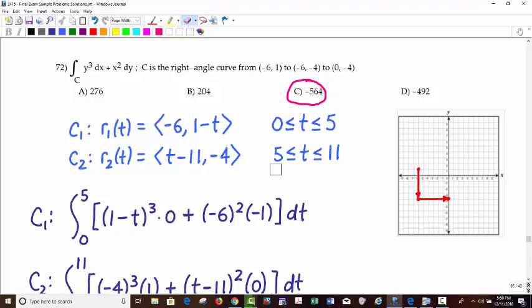Then for your next path, you're starting at 5, because you have to start where you finished the last part. And I'm moving to the right, which means x would be a positive t. Y stays fixed at -4. So now I have to figure out t plus or minus something. When I put 5 into this value for t, I need it to equal -6, because we are starting at -6, -4.